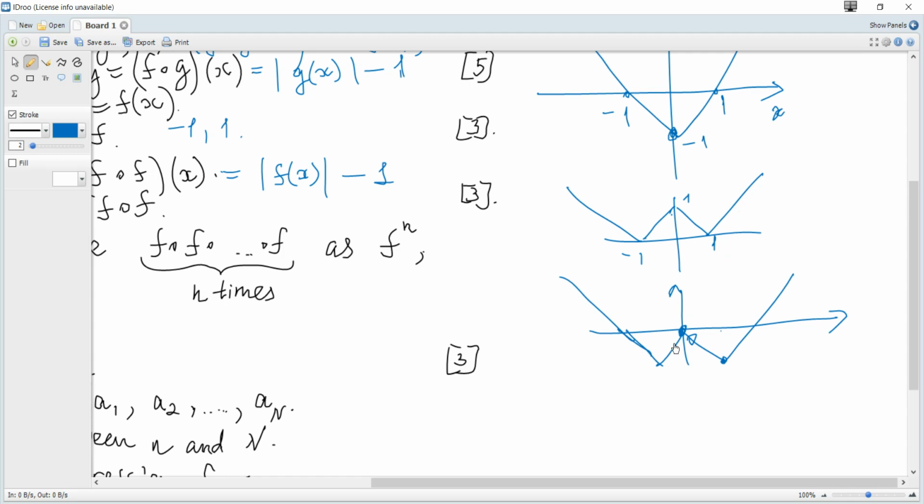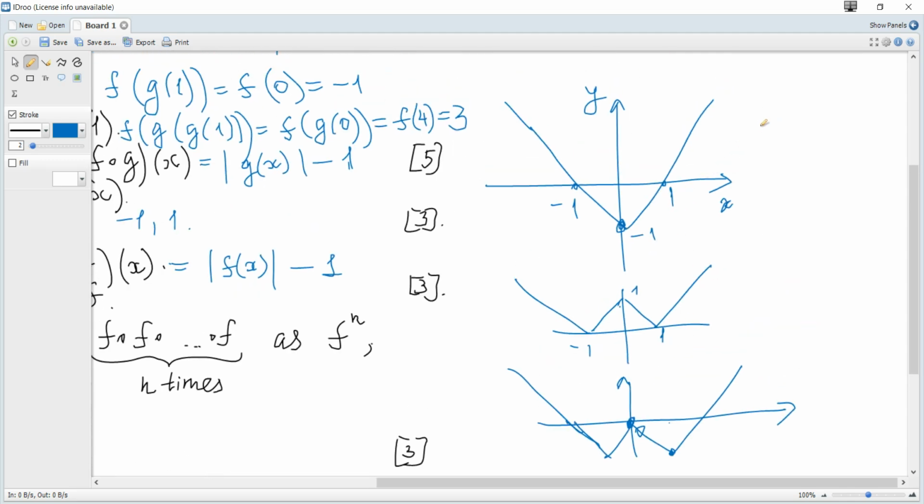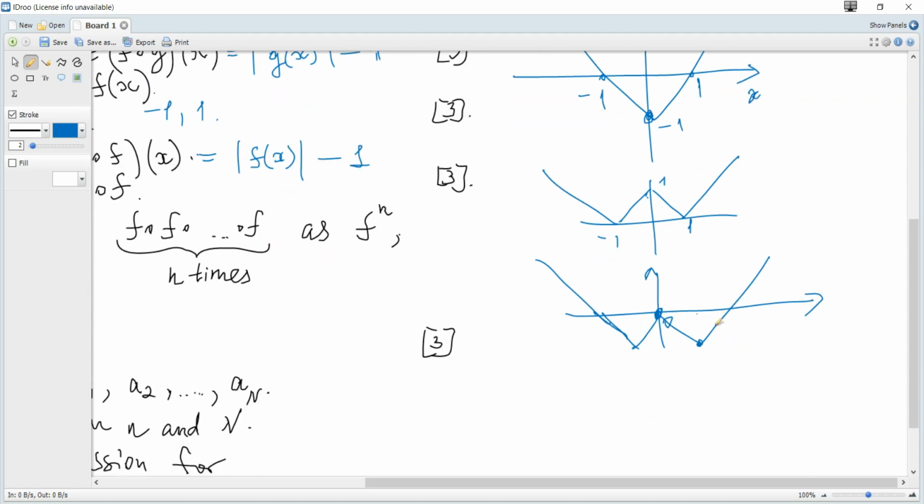And since the graph of the absolute value of x is going at 45 degrees, it's a bisector of a quadrant, so you can deduce that since it's 1, the x-intercept is at 2, and -1, -2.